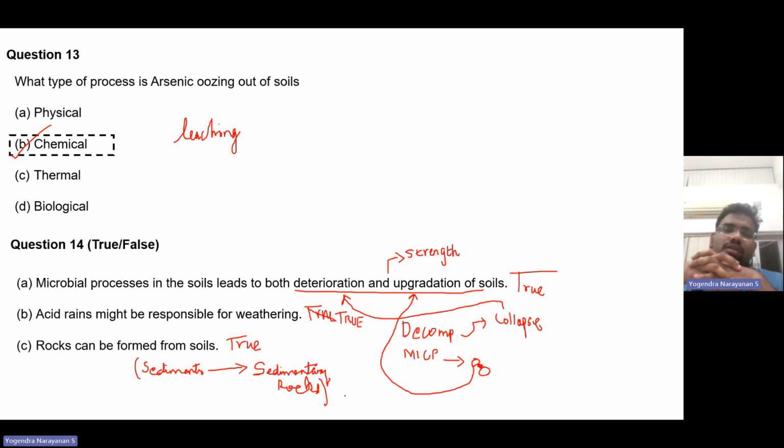Weathering of rocks it has undergone, leading to very diversified deposits of soils.